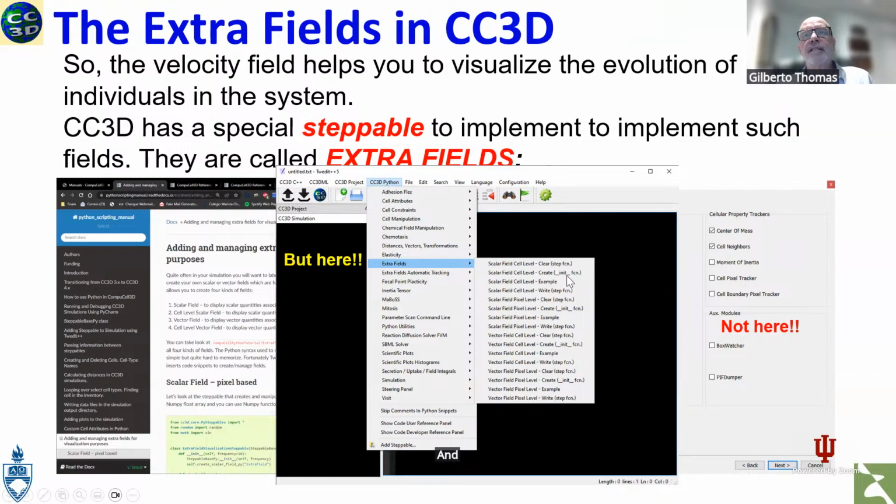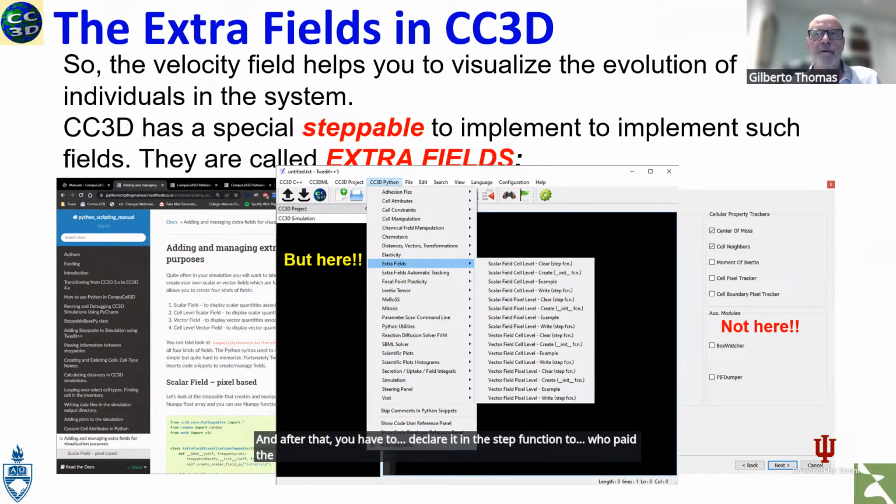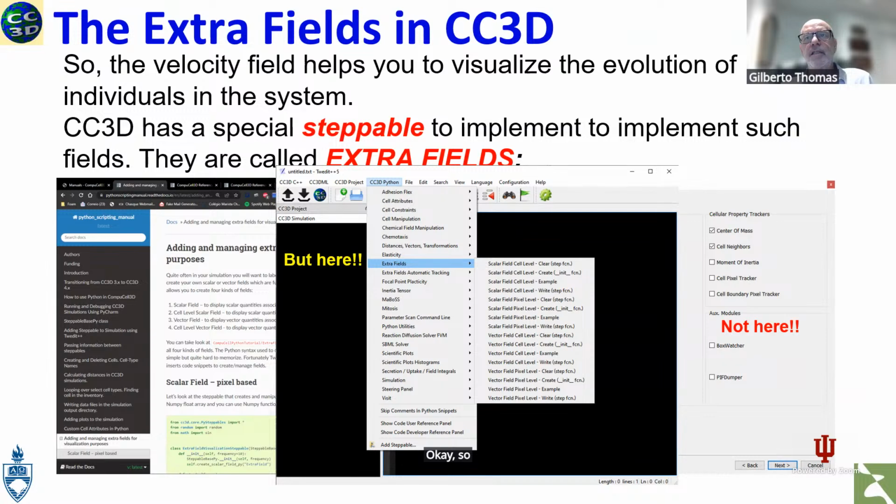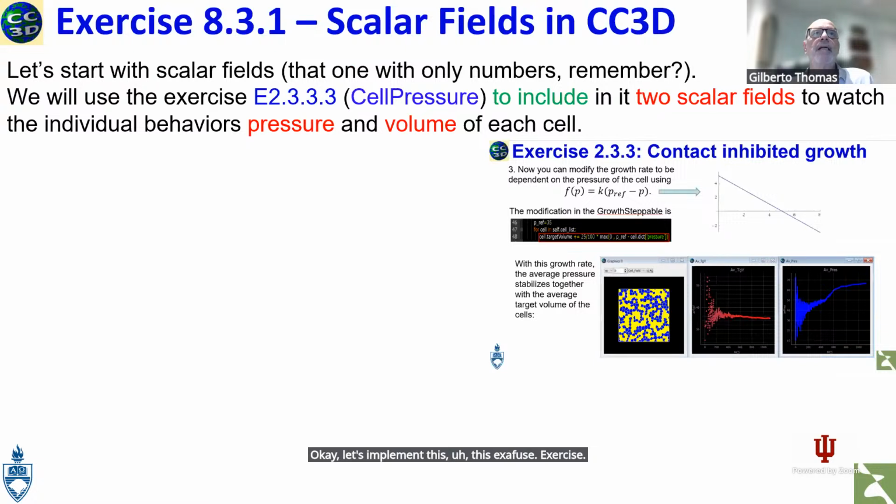And after that, you have to declare it in the step function to update the field, to manage the field, to alter the field, anything you want. So first in the init and then in the step. Let's implement these extra fields through an exercise. Okay, let's start with the scalar field.